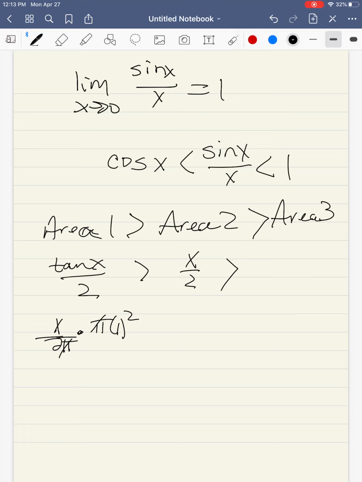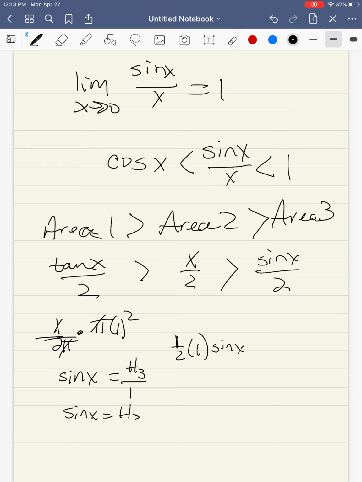So we can actually say that the sine of x is equal to H3 over 1, which means that sine of x is equal to H3. So the area of that triangle then would be 1/2, the base is 1, and the height is sine of x. So that's sine x over 2.